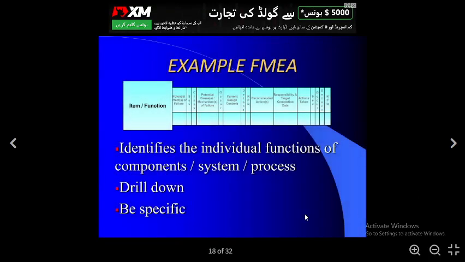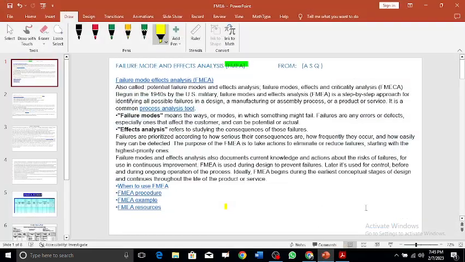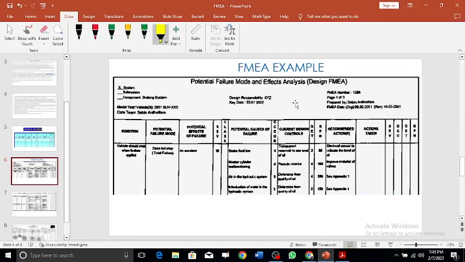Okay, so an example FMEA is given to us. This FMEA form is giving you an example of a potential failure mode and effect analysis of a DFMEA being done. You can see all these things which need to be written, and the function is defined over here.